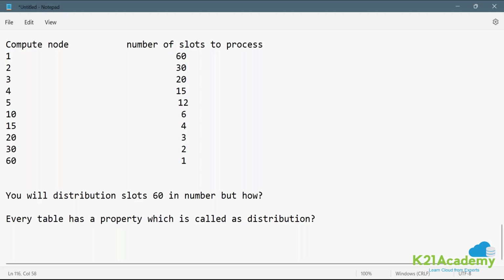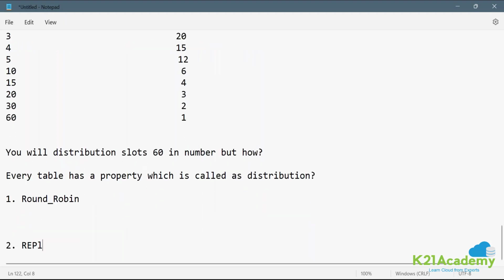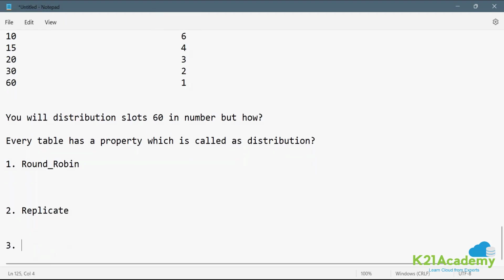There are three types of distribution properties, as we told: round underscore robin, second replicate, and the third is hash. These are three types of distribution property.